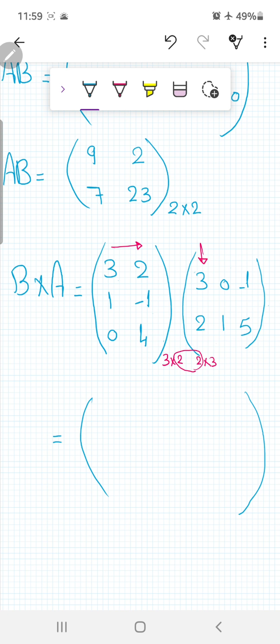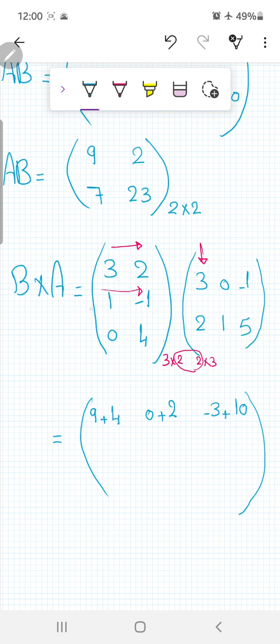3 times 3 equals 9, plus 2 times 2, 4. The second column, 3 times 0, 0, plus 2 times 1, 2. Third column, 3 times negative 1, negative 3, plus 2 times 5, 10. We finished the first row. What about the second row?